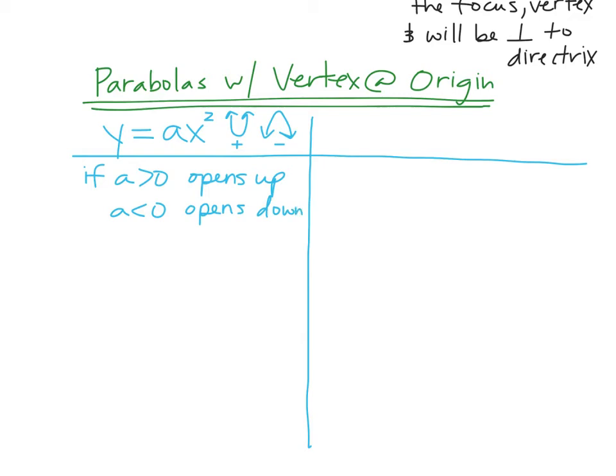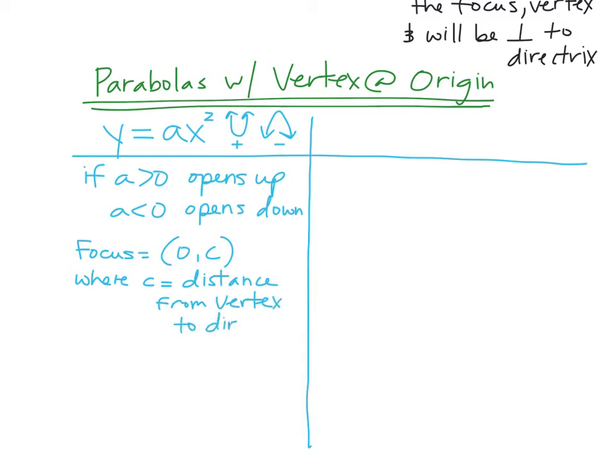Okay, the focus in this type of situation is always going to be the point (0, C), where C is the distance from the vertex to the directrix.